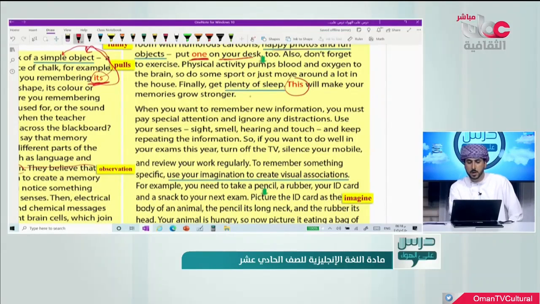This will make your memories grow stronger. Something will make your memories grow stronger. What is this? Having or getting plenty of sleep. Okay, you notice that all nouns which are referred to come before the pronoun. So, like this, here.